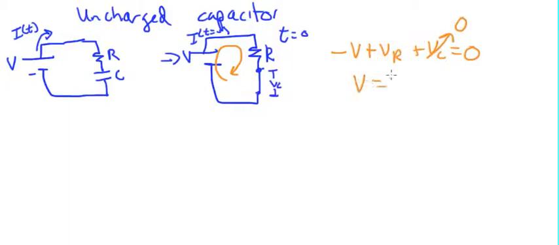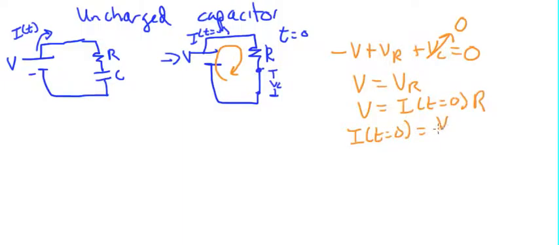So we get V equals V sub R, or by Ohm's law, I of T equal to 0 times the resistance is that, or I of T equal to 0 equals V over R.